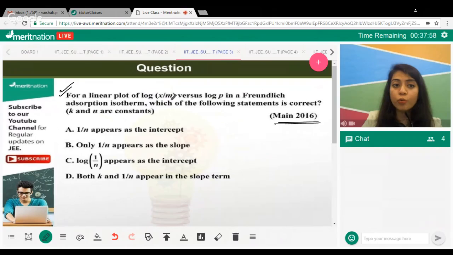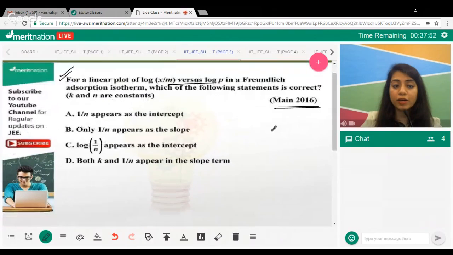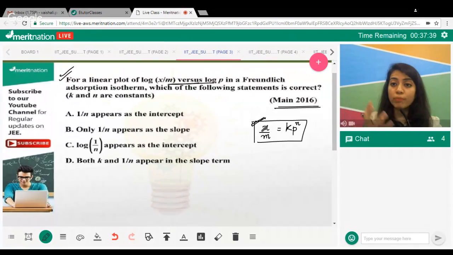You should know the basic formula used in the Freundlich adsorption isotherm. The formula here is x by m is equal to k p to the power of n, where x by m suggests how much amount of the substance is adsorbed. k and n are constants and p is the pressure.